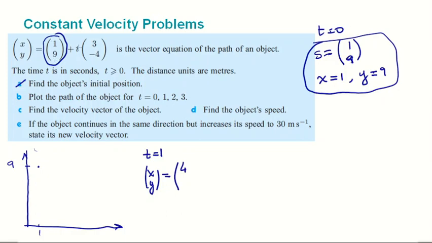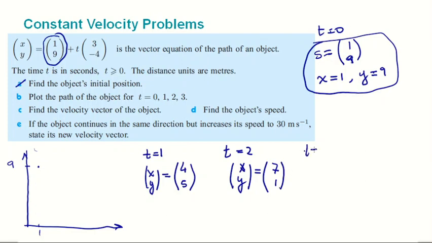So 9 minus 4 is 5. Now what about t equals 2? So t equals 2, x, y: 1 plus 2 times 3, that's 7. And now 9 plus 2 times negative 4, so that's 9 minus 8, it's 1.